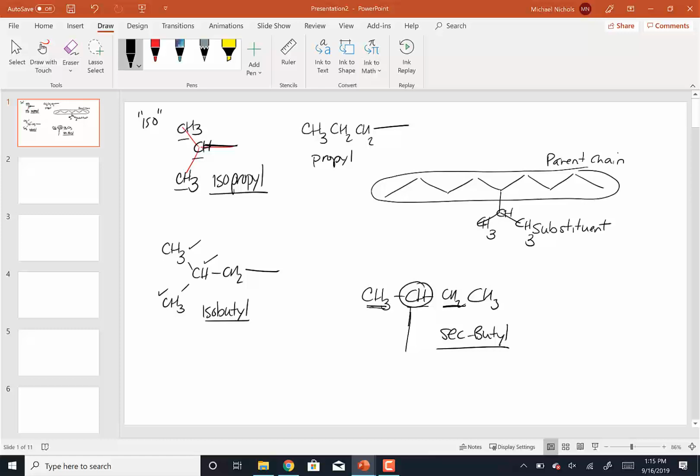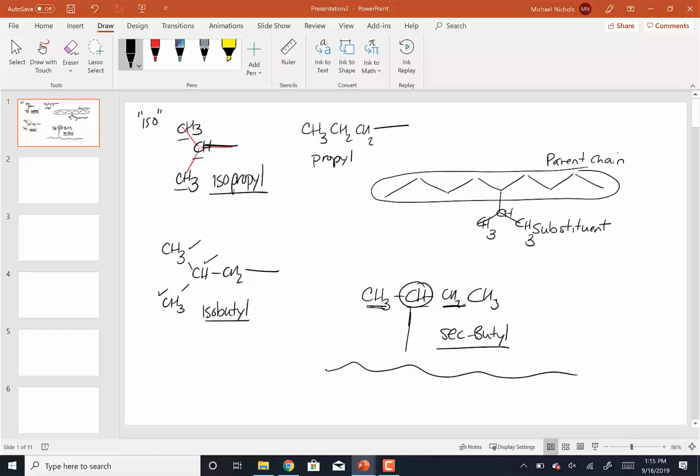If you want, it's attached to a long chain. So it would be a CH3, CH, CH2, CH3? No, not for it to be iso, for it to be sec. Sec is sec. Well, this is a sec butyl group.